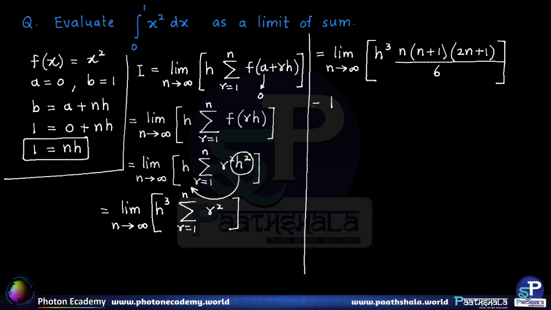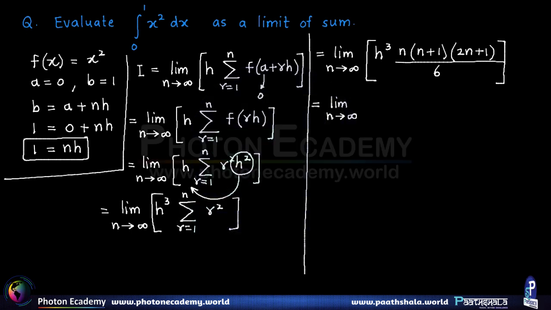Alright, now we have to keep in mind we are evaluating the limit in which the variable n is tending to infinity. So somehow we have to adjust the different powers of n in the denominator, right? Now if you observe this h cube and n, suppose I write it as h square into h into n, right?